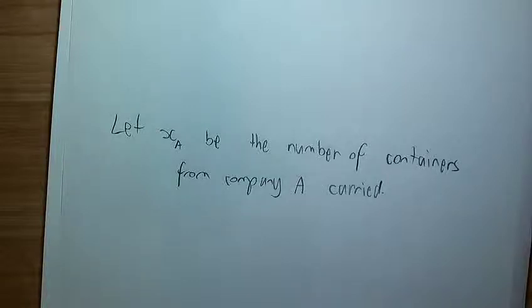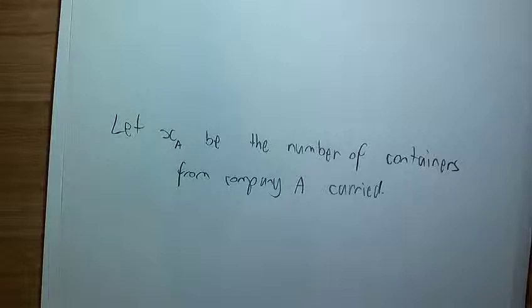Like, don't just say, let XA be company A, because XA is not company A, it's a number. And I don't just say, let XA be the number from company A, I say it's the number of containers from company A. Be extremely precise about what number that is.